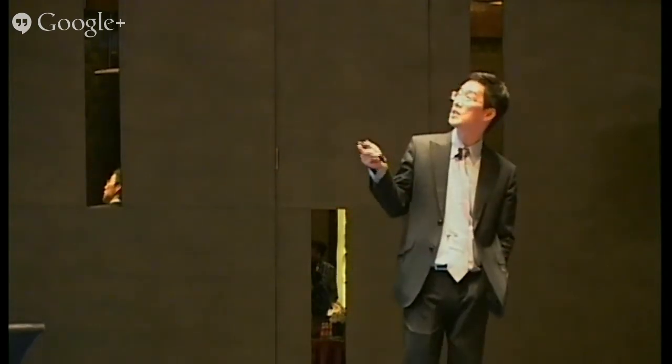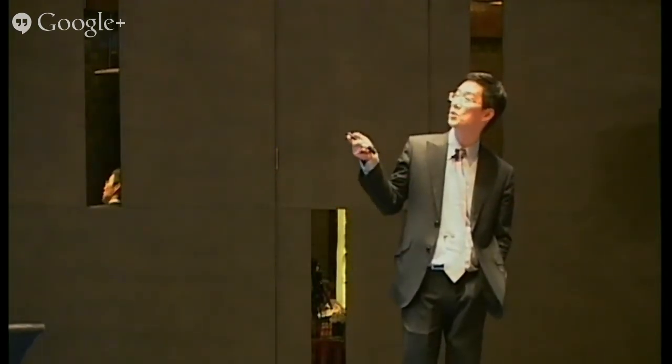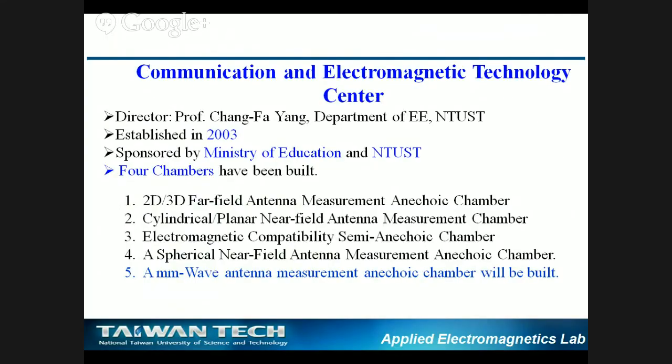And this is our research center. We have a lot of antenna measurement systems. We have actually 5 anechoic chambers: a 3D far field, a 2D far field anechoic chamber, and a 3D near field anechoic chamber.